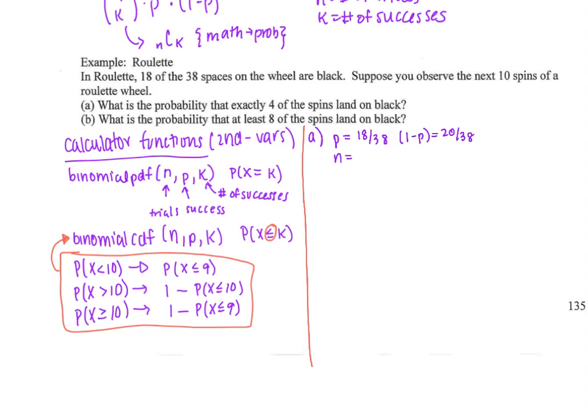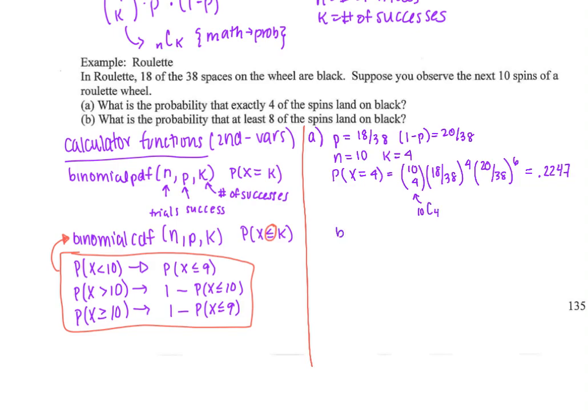We're going to spin 10 times, and we want 4 successes. So they want to know the probability that 4 of them land on black. Well, we can use the by hand formula, 10 choose 4 times 18 out of 38 to the 4th times 20 out of 38 to the 6th. And when I type that in, I get 0.2247, because you would use 10 choose 4 in the calculator.